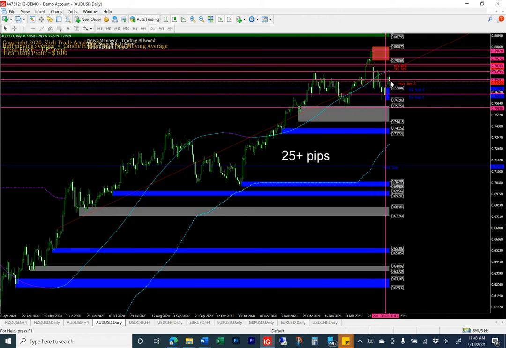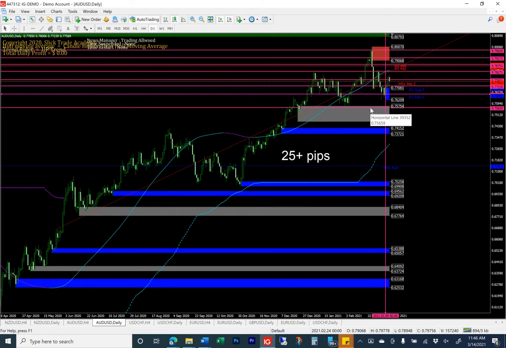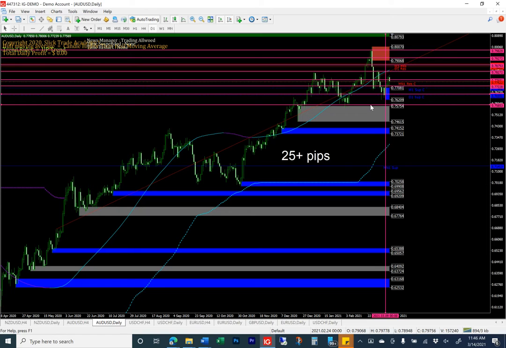But if price does not break above the 0.78272 level, then we could expect to head down to 0.77220 with a take profit 1 of 0.766327, 0.75853, and continue on.